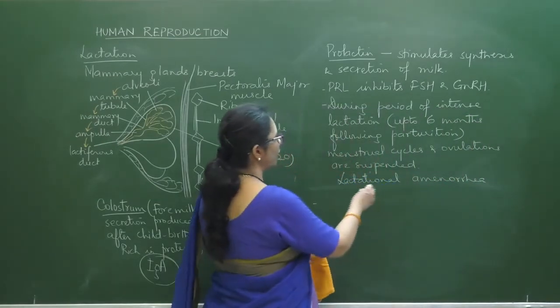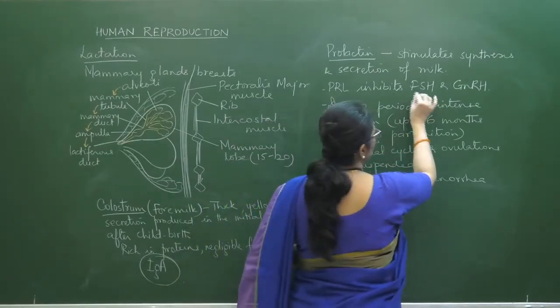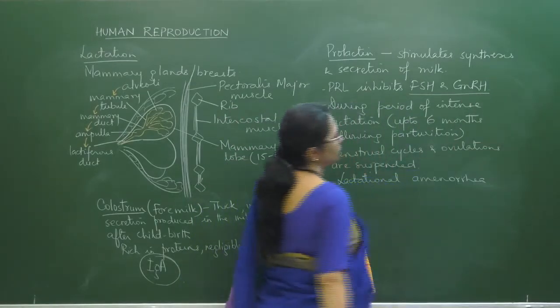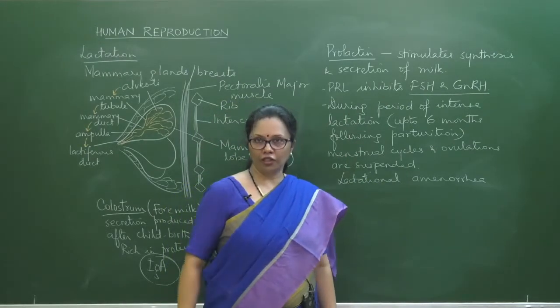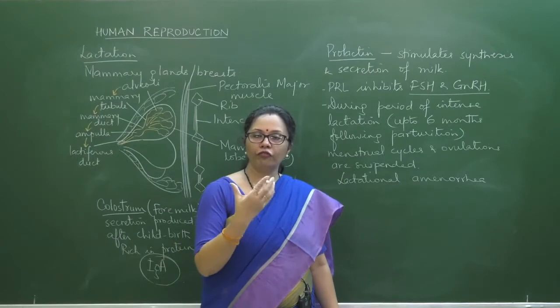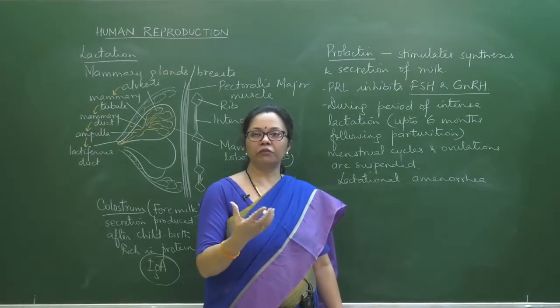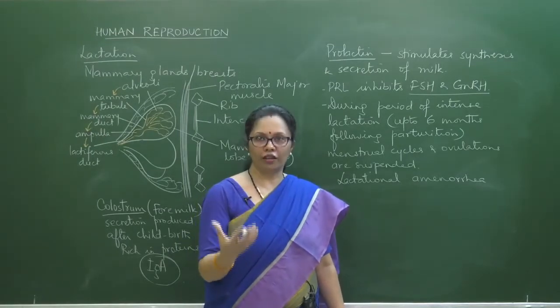Now, just now I have given you this already, that FSH and GnRH are inhibited. And if FSH is inhibited, the follicle is not growing, and the growing follicle secretes estrogen. So that means estrogen will also not be there, right?